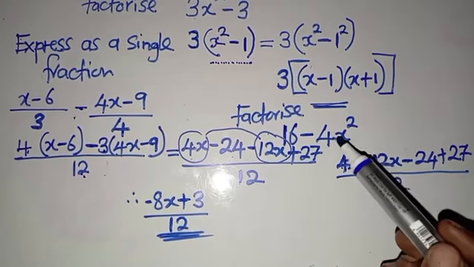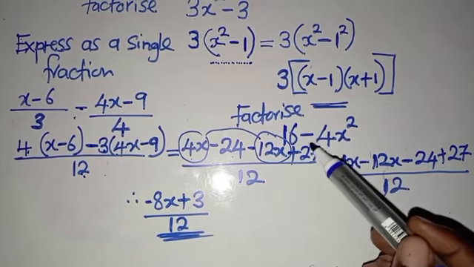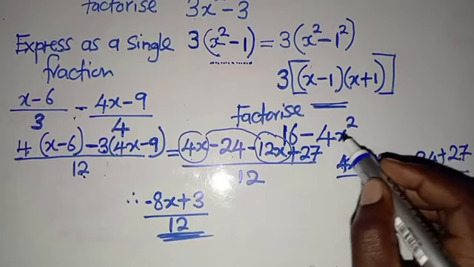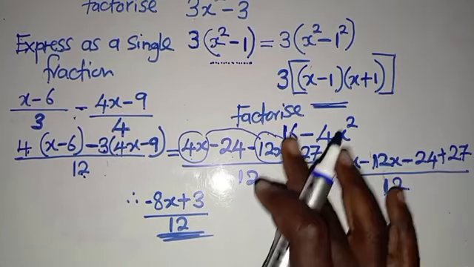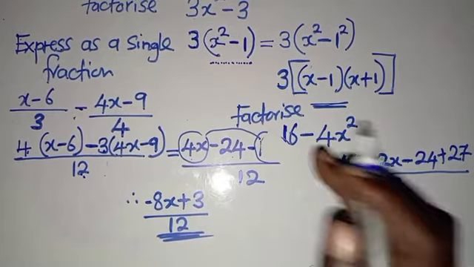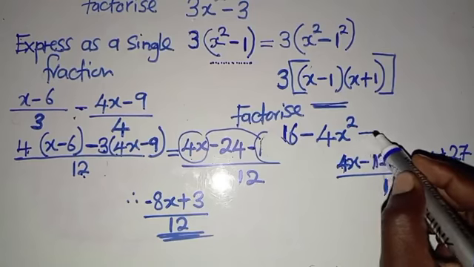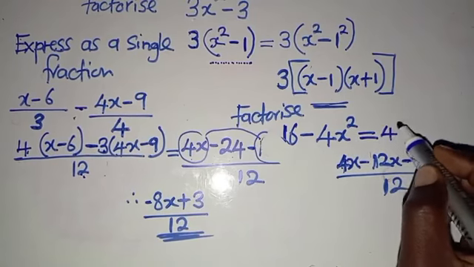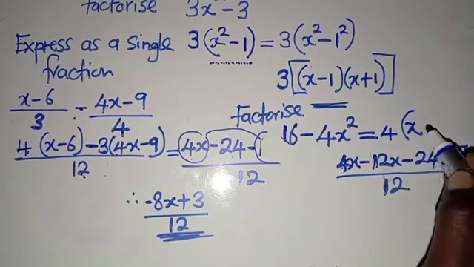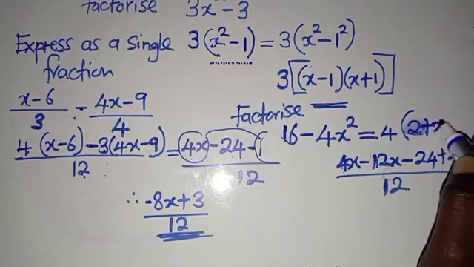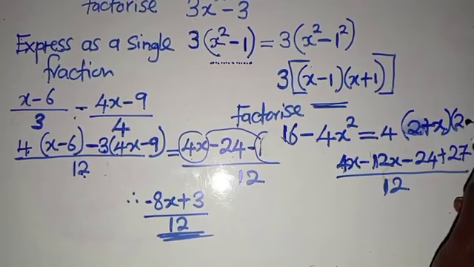We are done. I gave this particular question and I've just seen an answer from someone. That is so good. Someone has said, if you factorize this one, you are going to find 4, then 2 plus x and 2 minus x.